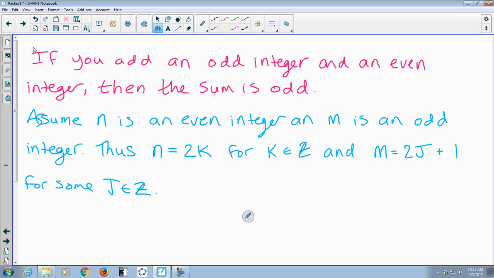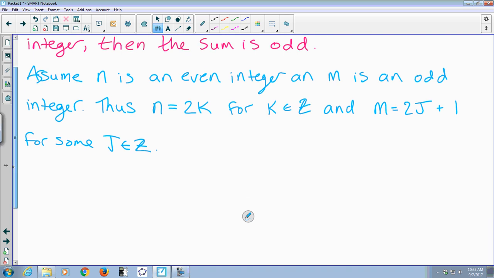So we assume that we have an even and an odd integer. We apply the definition to even and odd. Now we're going to see what happens when we add them together and try to prove that whatever we get when we add them is odd. Now we see that n plus m, the sum of my even and my odd, just do a little substitution here.